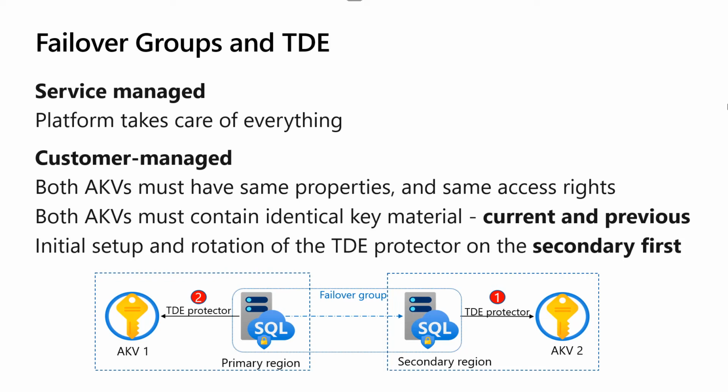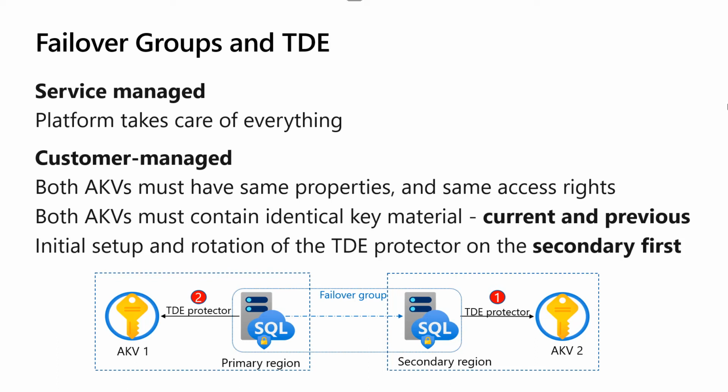And then another important point: if you are doing the initial setup, or a rotation of the TDE protector key, make sure that you are doing this action on the secondary side first. As you can see, there are at least two cases where you can affect the health of the failover group.